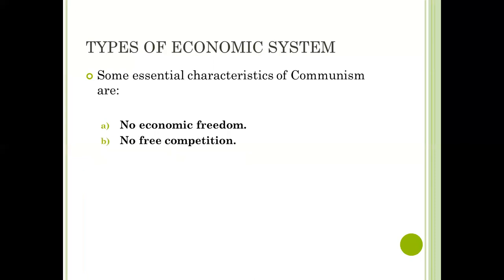Also, communism has no free competition. So mainly, the government is the sole source of central planning because it dictates how much to produce and how much price the commodities cost, when to produce and how to produce. And since there is no economic freedom and no free competition, it would end up with no profit motive, because communists pride themselves on having an equal share.